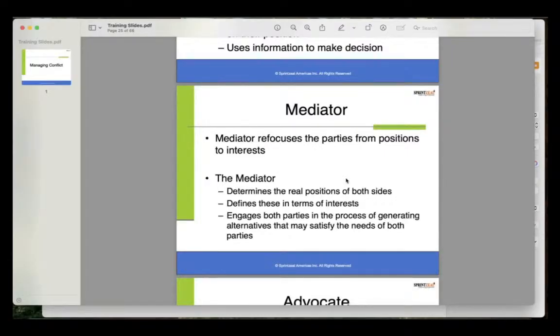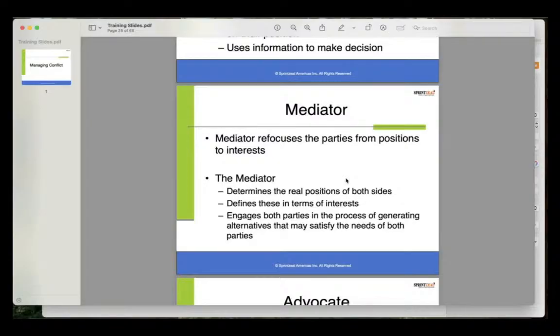The mediator refocuses the parties from positions to interest. The mediator determines the real positions of both the parties and defines these in terms of interest. And also, it engages both parties in the process of generating alternatives that may satisfy the needs of both parties. So the mediator finds alternate solutions when there is any conflict.